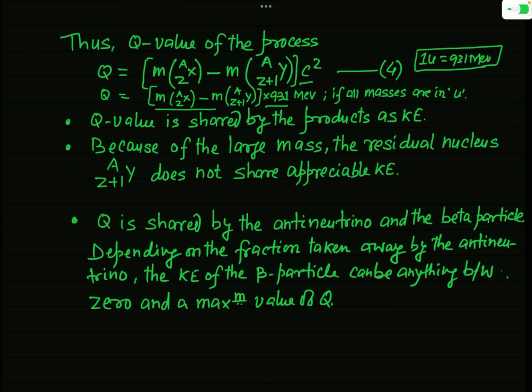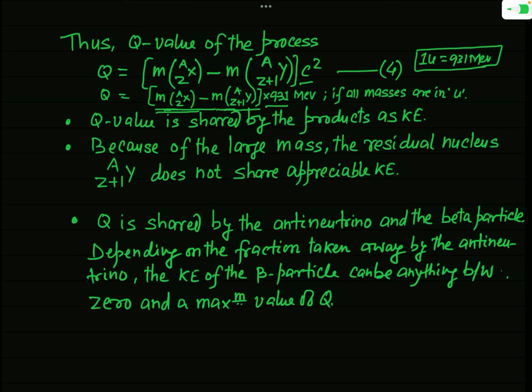So instead of multiplying by c square, you can find the Q value of the process by this expression. This is m of Z X A minus m of Z plus 1 Y A times 931 mega electron volt. But remember, this formula can be used only when these two masses are given in the atomic mass unit. So this is the expression for the Q value of this process.